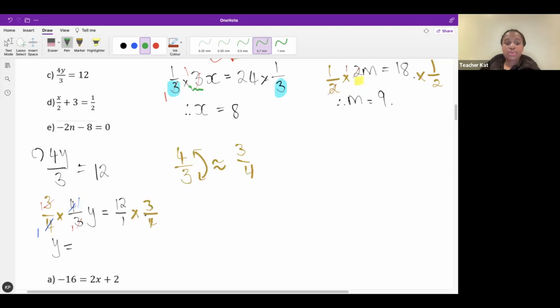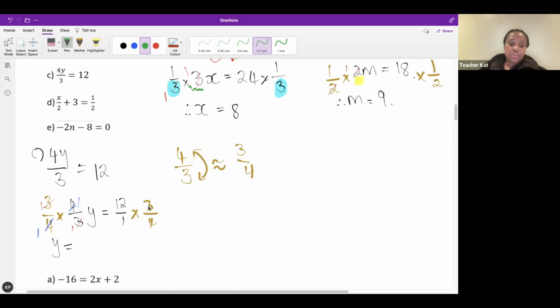I can't cross-cancel 1 and 3 because it's not going to change anything. But is there a common factor between 12 and 4 that I can cross-cancel? Yes, that's correct. But what is the highest common factor? What goes into 12 and into 4? The biggest number that goes into 12 and 4 is 4.